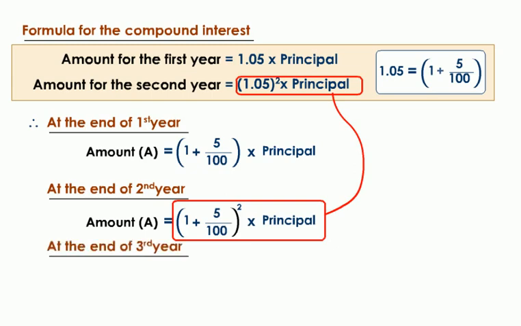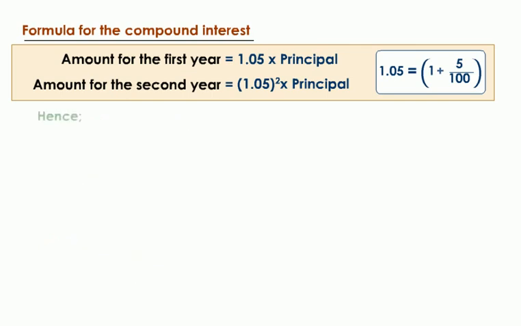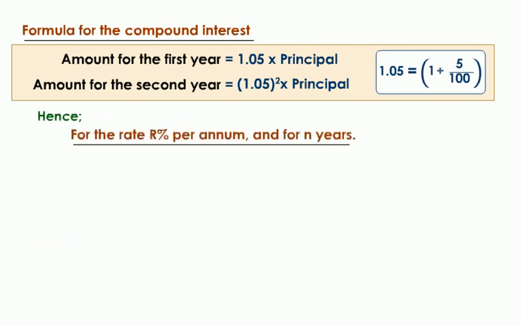Hence, for the rate R% per annum and for n years, amount is equal to 1 plus R divided by 100 to the power n into principal. Or amount is equal to principal into 1 plus rate divided by 100 to the power n. And this is the required formula.